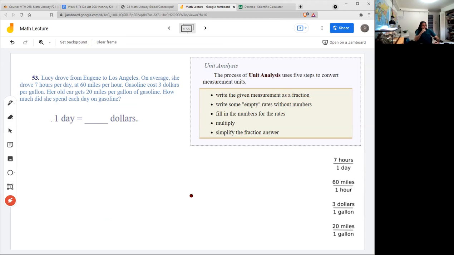Put it over 1 if you need to. In this case, what I want is I'm looking for dollars per day. So I think I should start with dollars.